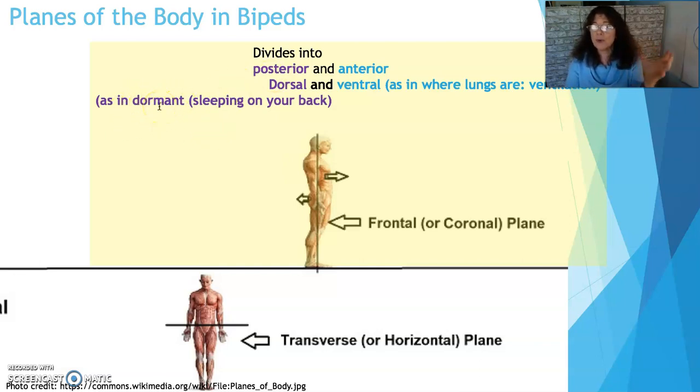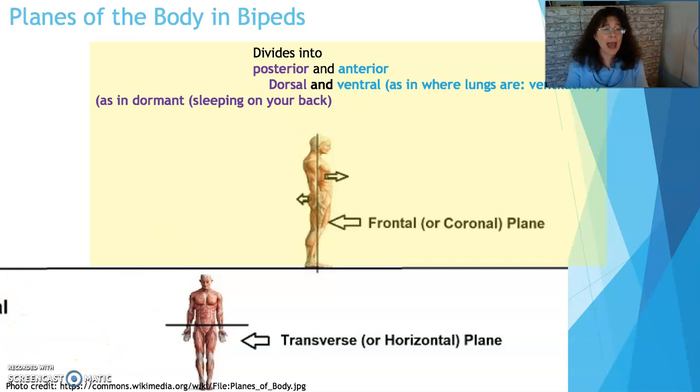It's the same root word in Latin, dormant, and that is like sleeping, and usually in good anatomical position, you sleep on your back. So posterior is back of the frontal plane and is often called dorsal side or dorsal plane, especially in animals, and we'll get to animals in a few minutes.